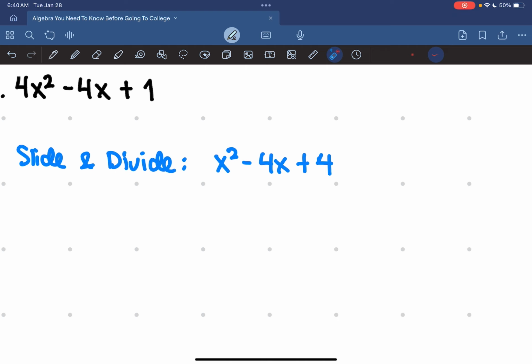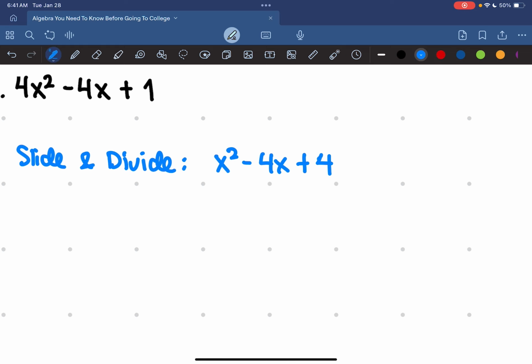In here, you'll notice that that number is actually the same. Like in here, we get negative 2 times negative 2, to be particular, and then negative 2 plus negative 2 is negative 4. So this is what we call a perfect square trinomial.